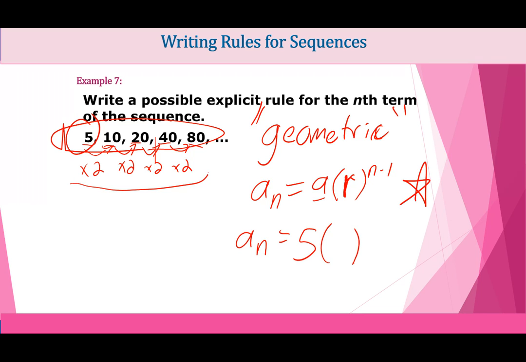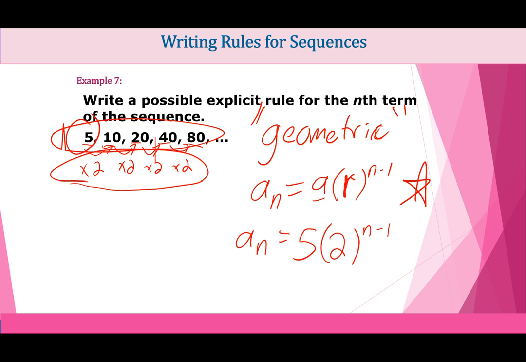We're multiplying by 2 each time here. So R, which also stands for common ratio, is 2, because that's the value we multiply by to get each term. And then n minus 1 will be part of that rule. We're not going to plug anything in for n until we're asked for a specific position. So this is the formula I would use.